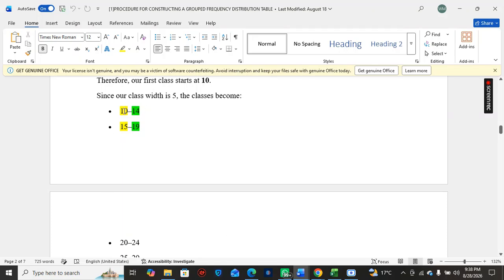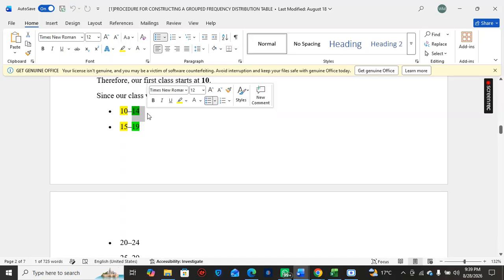Colleagues, have you seen? If you use your fingers to count from 10 to 14, there are 5 numbers: 10, one number, 11, 2, 12, 3, 13, 4, 14, 5. What you can do here, 15 minus 10 is 5, 19 minus 14 is 5.